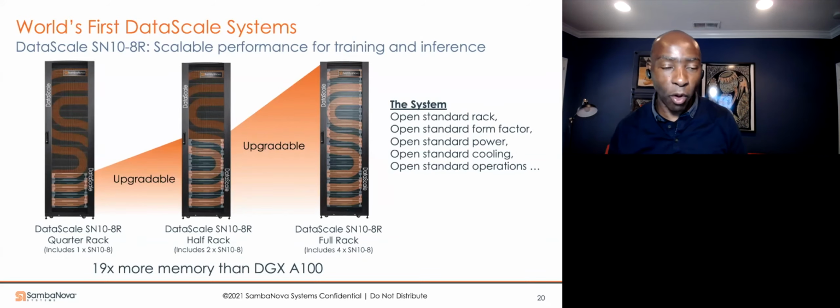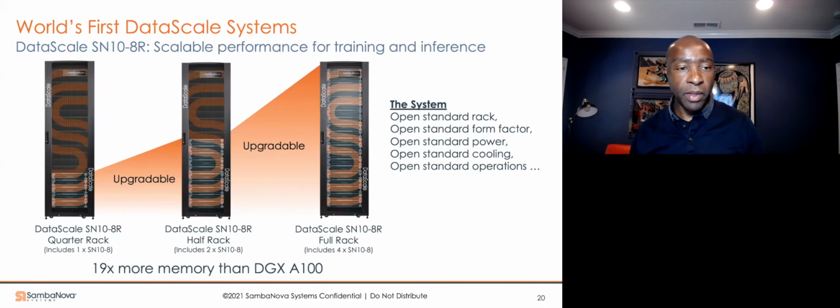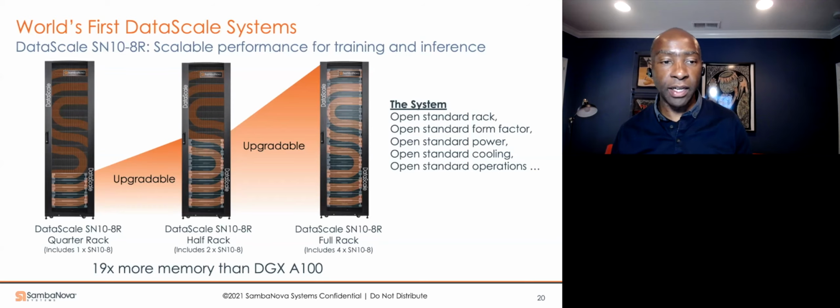And then, of course, we've got multiple racks, and the smallest one has 8 RDUs, the next one has 16, and the biggest one has 32 RDUs. And what's more impressive is the amount of memory that we have, 19 times, or even larger, the memory that we can have in these systems compared to NVIDIA DGX A100.